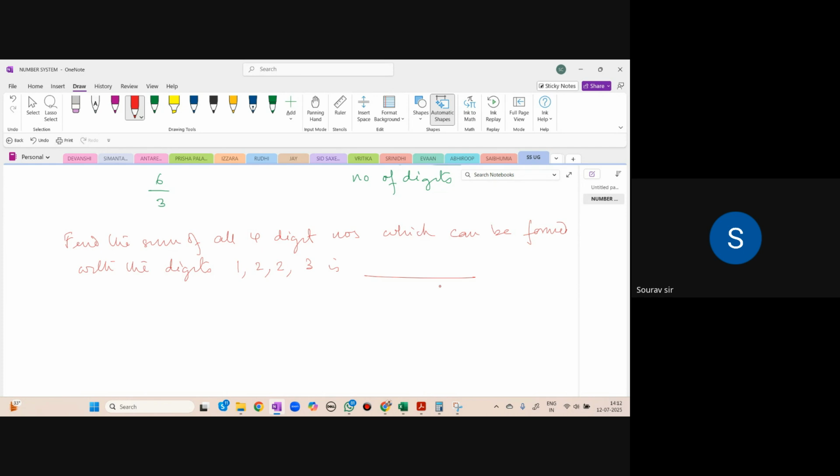Now here obviously 2 will get repeated. And you have to just use these 4 numbers. That means you cannot use 1, 1, 1, 1 or 2, 2, 2, 2. Those are not allowed. You have to use just these 4 numbers. Clear?